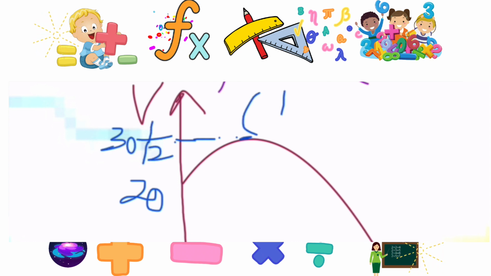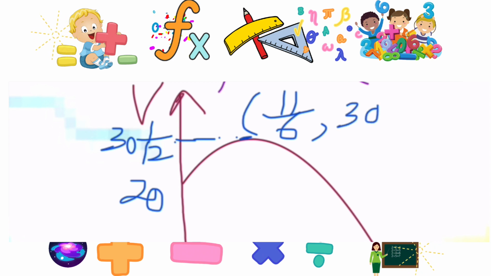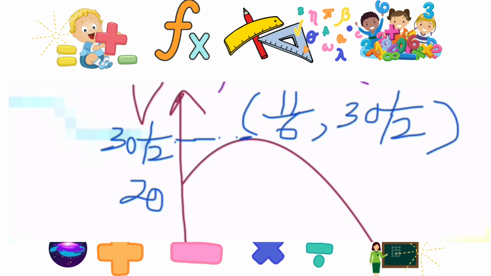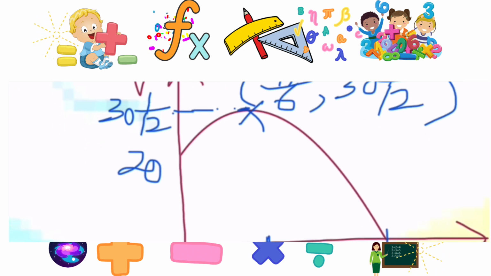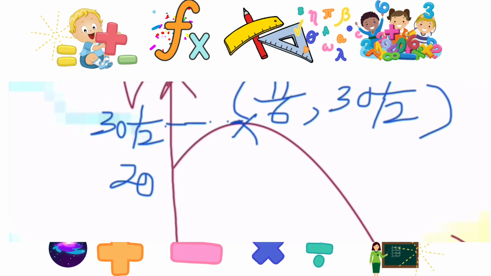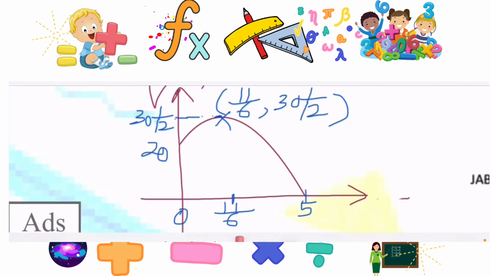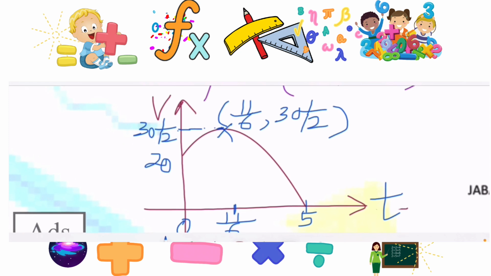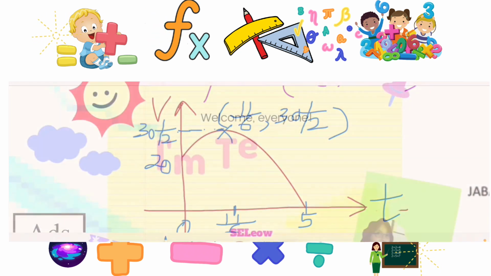So make sure you label the important points, such as the y-intercept, and the most important is the maximum point. It happened at 11 over 6 and 361 over 12, and then the x-intercept. So every time when you sketch a graph, make sure you label the maximum point, the v-intercept, and the time intercept. We don't have x and y.